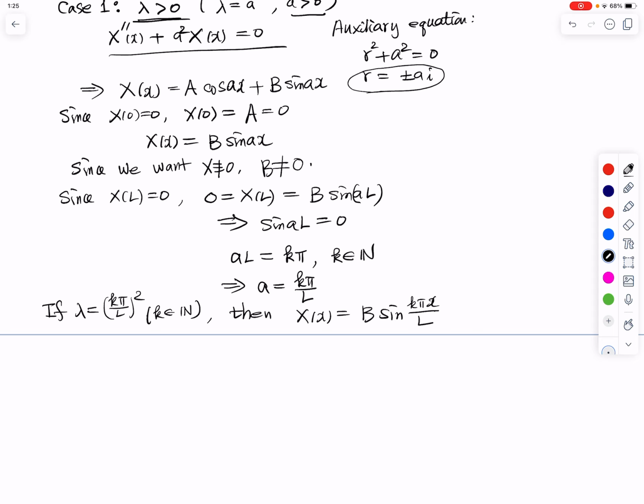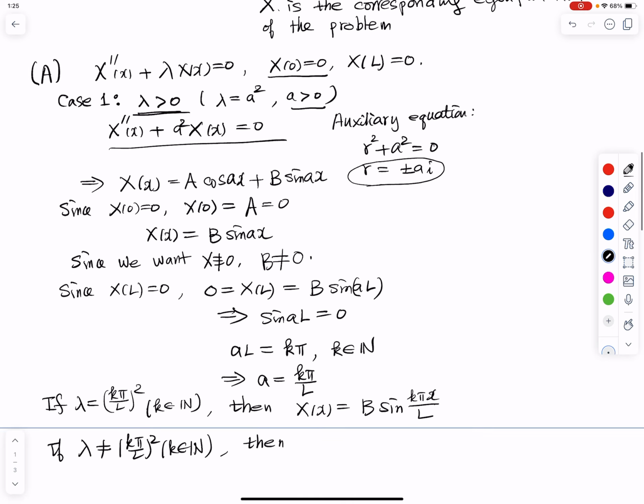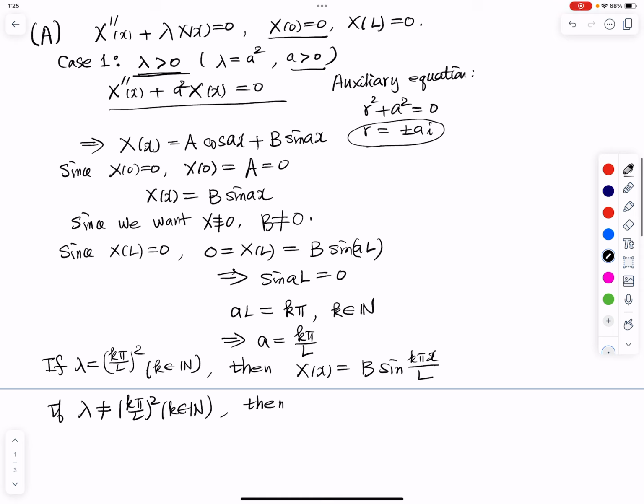Suppose lambda is not equal to k pi over L squared, for any k. Then this cannot be 0, so b should be 0.